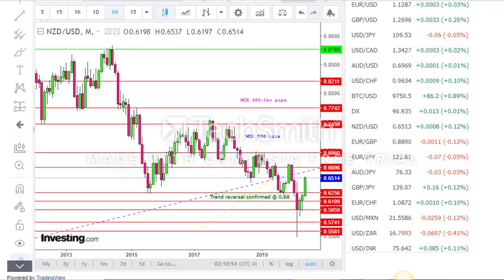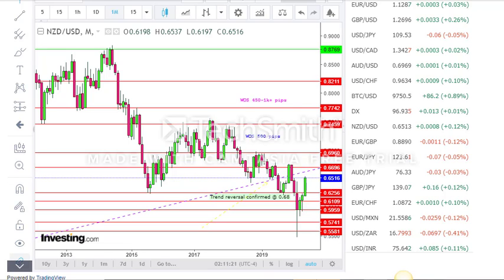And then the other pair is going to be Pound USD, which I'm also in a long position at 1.2592. And then the last pair that we're going to cover is EURAUD, and that one is going to be a short opportunity for those of you who are interested in that. So let's start with NZDUSD.